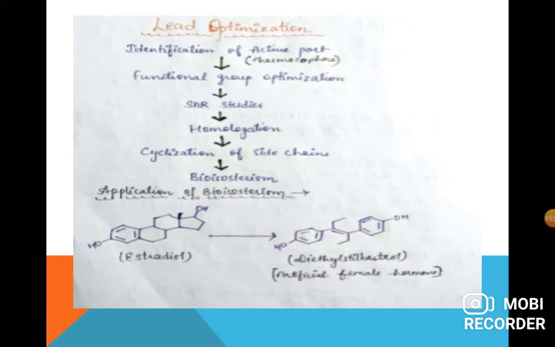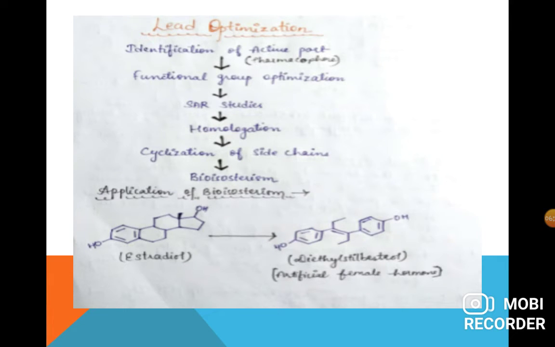After that we can study SAR: by inserting an OH group on the benzene, or a CH3 group on the benzene, whether the activity of the benzene molecule increases or decreases due to the OH part or CH3 part can be determined through SAR studies. After this, homologation of chain.